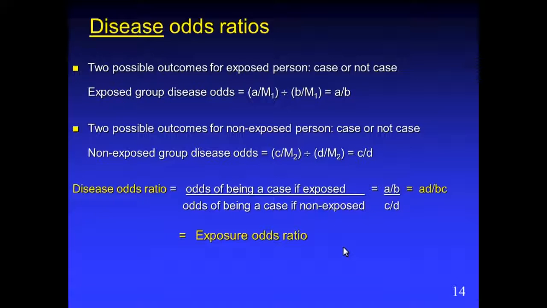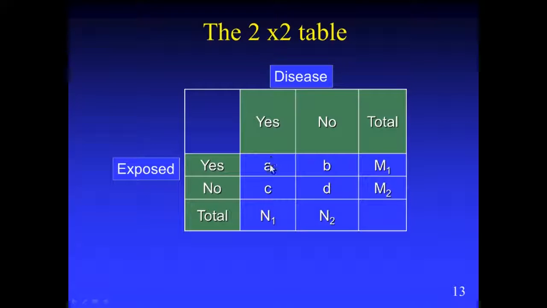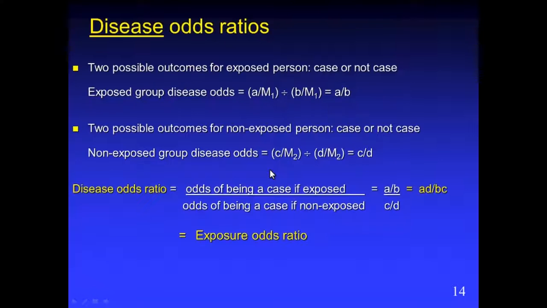And just commit to memory this little formula here, AD divided by BC, and always think of it in terms of a 2 by 2 table in which the exposed case is in the top left hand corner, and then everything else falls out from that. So remember, AD divided by BC.